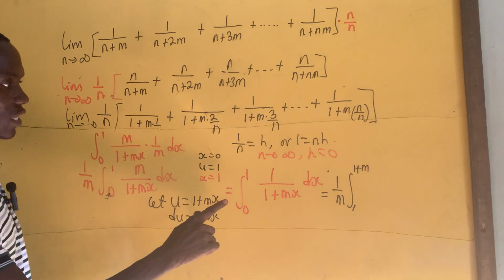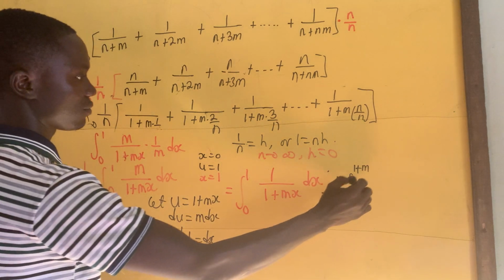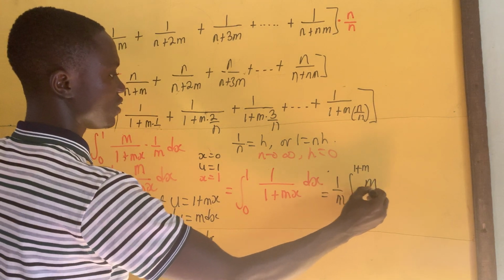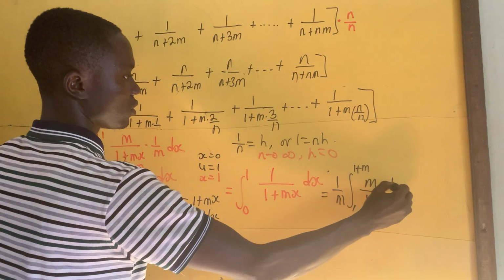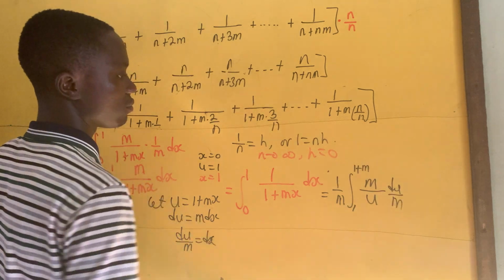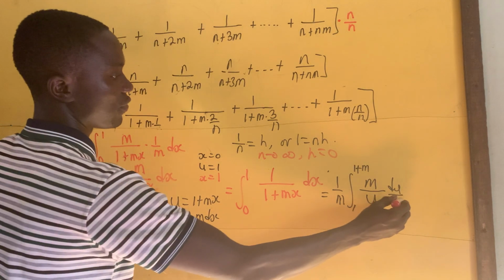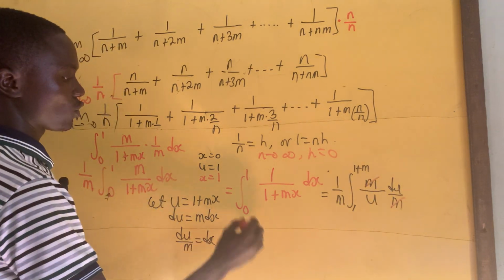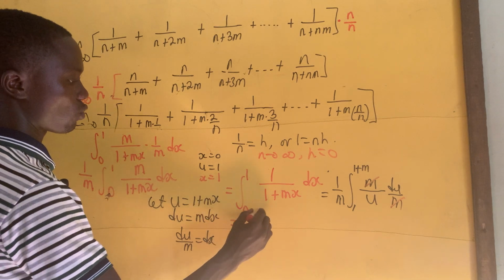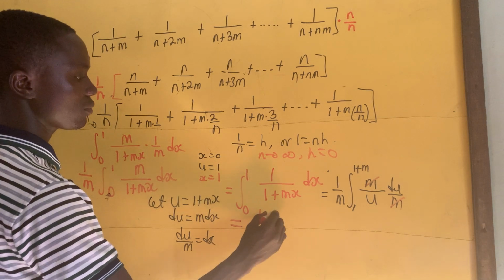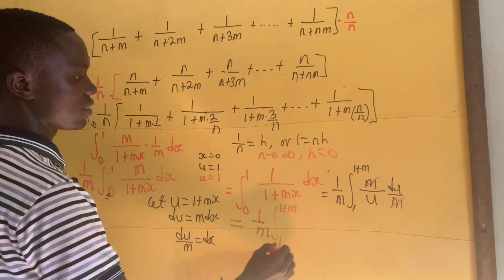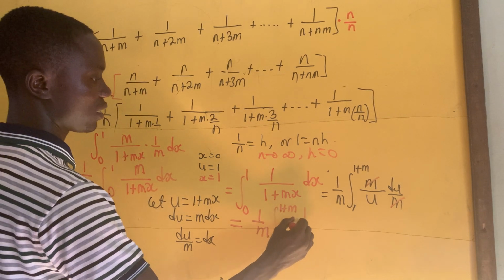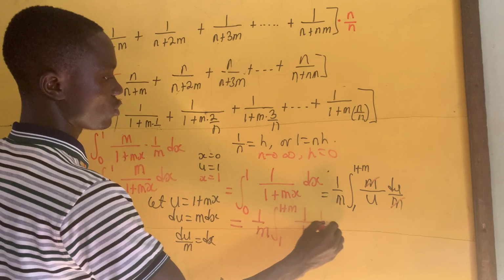So let us put here: 1 on m divided by u, du on m, and this m will cancel this m. So this is equal to 1 on m times the integral from 1 to 1 plus m of 1 on u du.